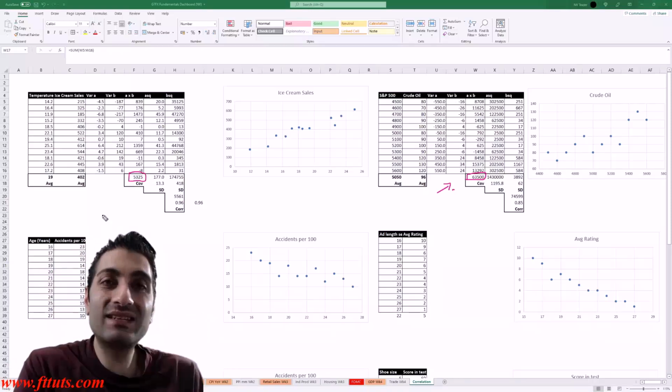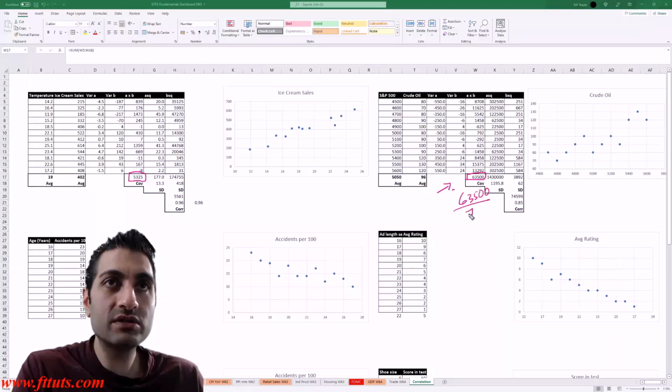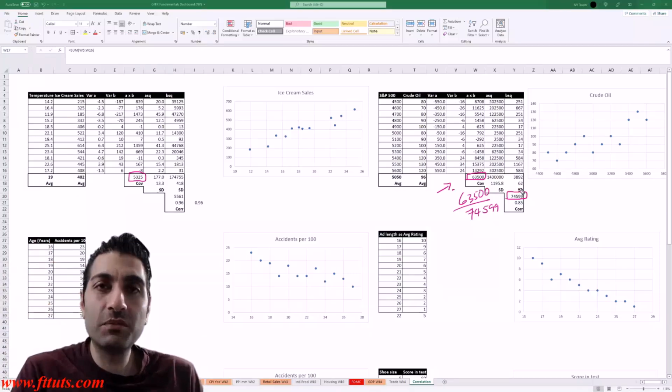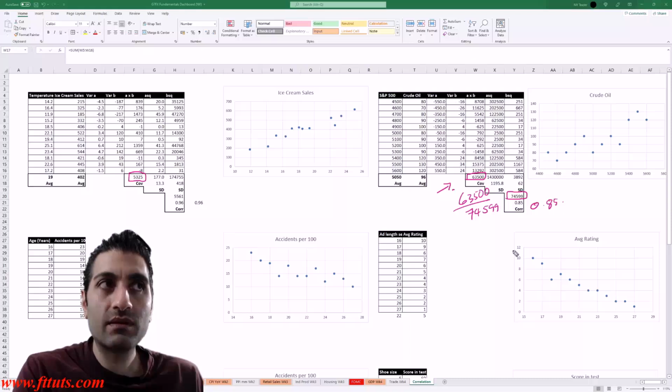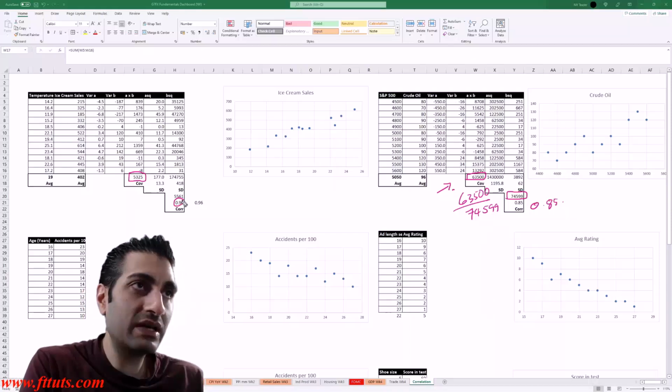It's standardizing it, okay? So if you do 63,500 over 74,599, which is this number here, the sum of the standard deviations, do you see you start making the number more manageable? You get 0.85. Do you see here you got 0.96 when you did 5325 over 5561.